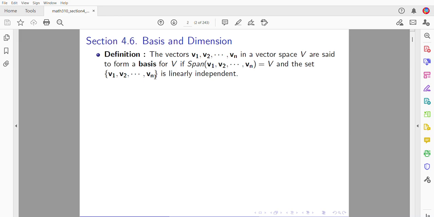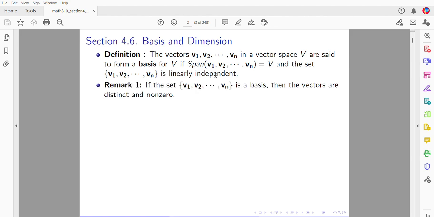So a set of vectors v1 through vn is a basis if it does two things: it spans your vector space and is linearly independent.